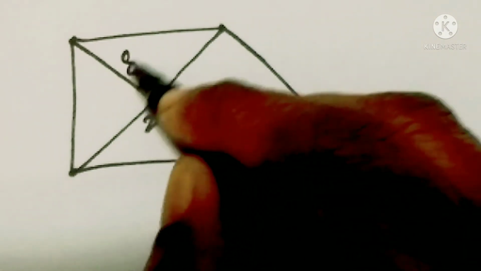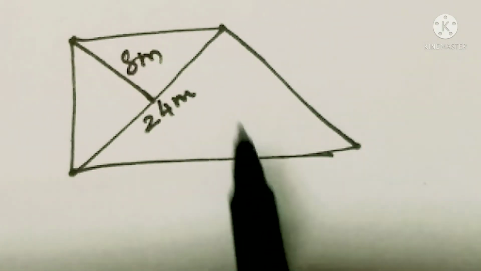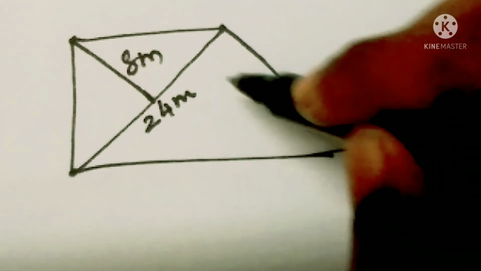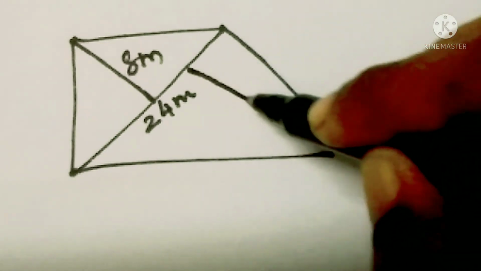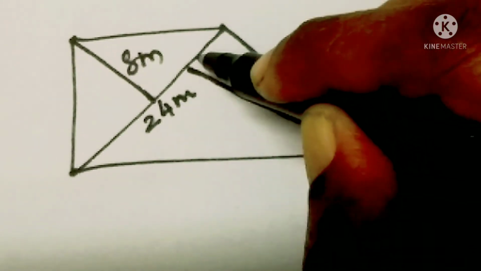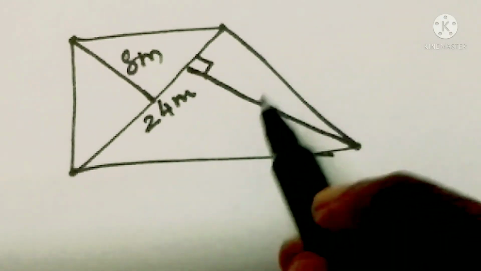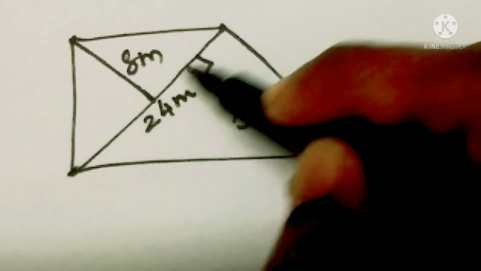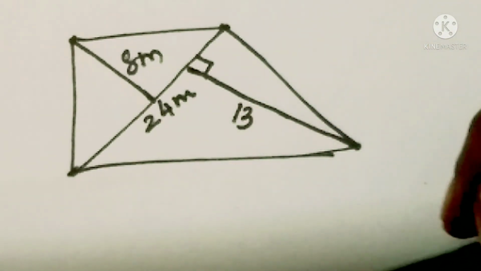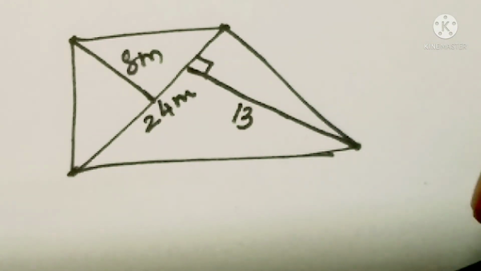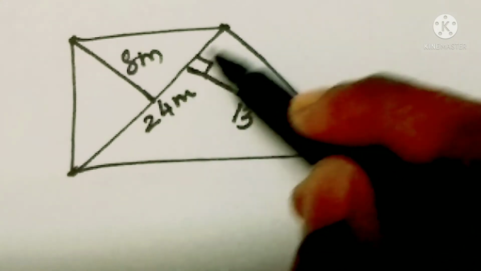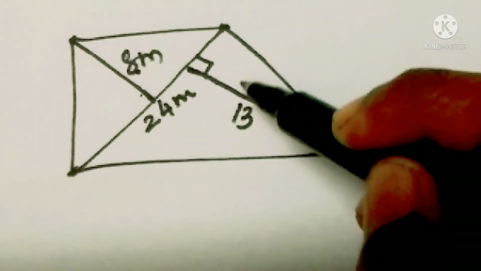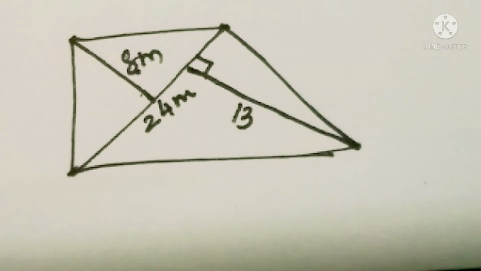So one is 8 meter, and from here when you draw, this perpendicular is 13 meter. So you have one diagonal which divides the field into two triangular shaped fields. So here for this diagonal, height of this triangle is 8 meter and height of this triangle is 13 meter.